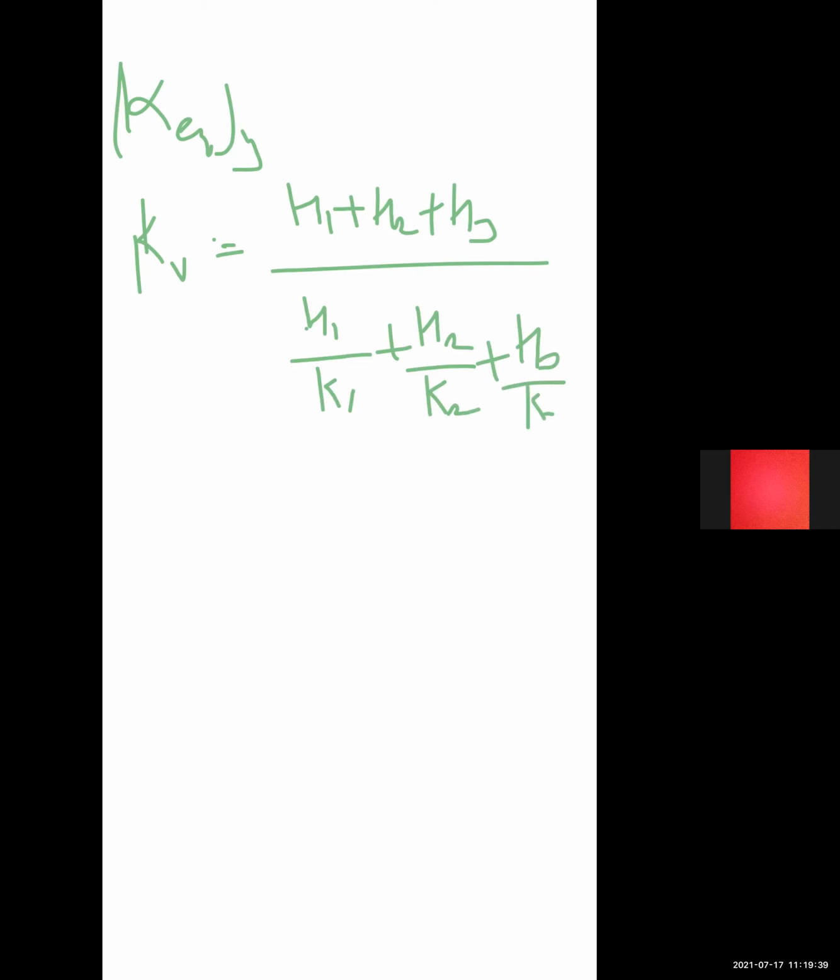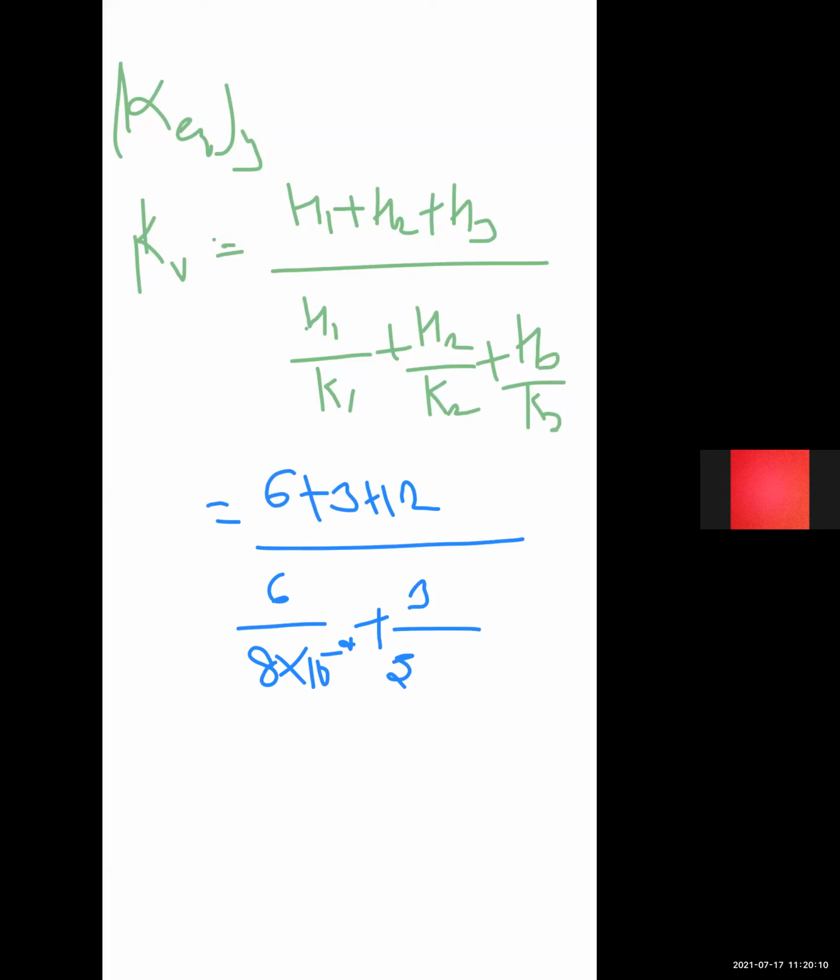So value is H1 is 6 plus 3 plus 12, divided by 6 by 8 into 10 to the power minus 4 plus 3 by 50 into 10 to the power minus 4 plus 12 by 15 into 10 to the power minus 4.